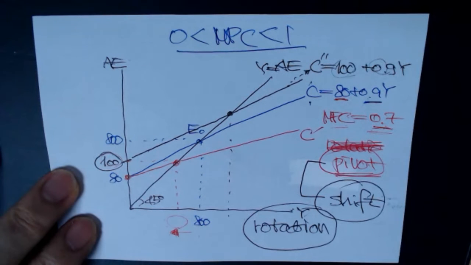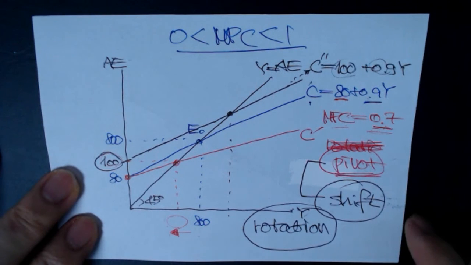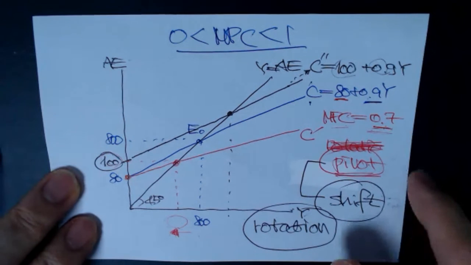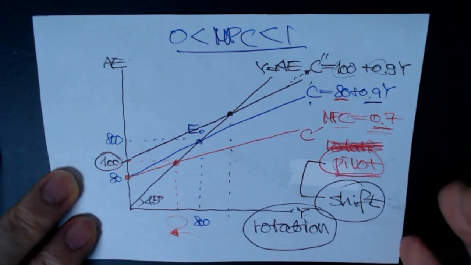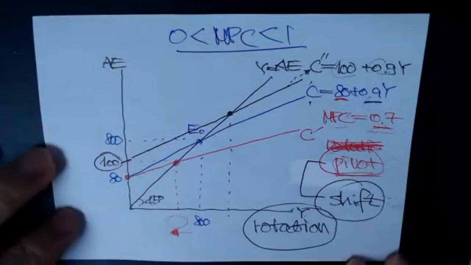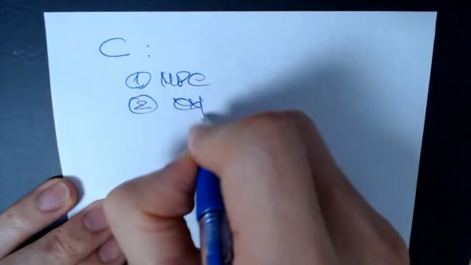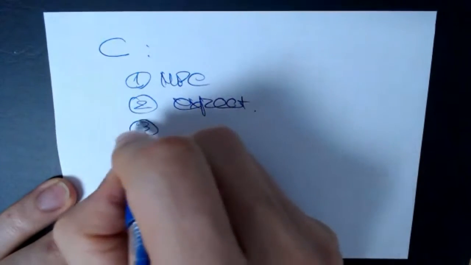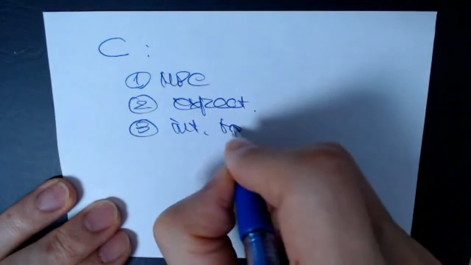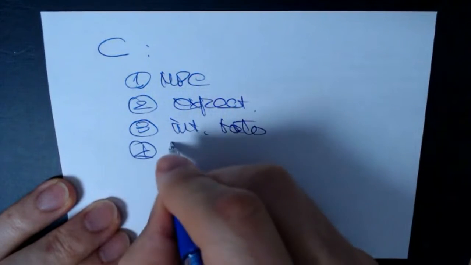Which of those situations do you mean, the change, pivot, shift, rotating? Okay. So we can think about in which case MPC changes, right? Okay. So let's go back again. C, we say, is CA, MPC, expectation, interest rate, and wealth.